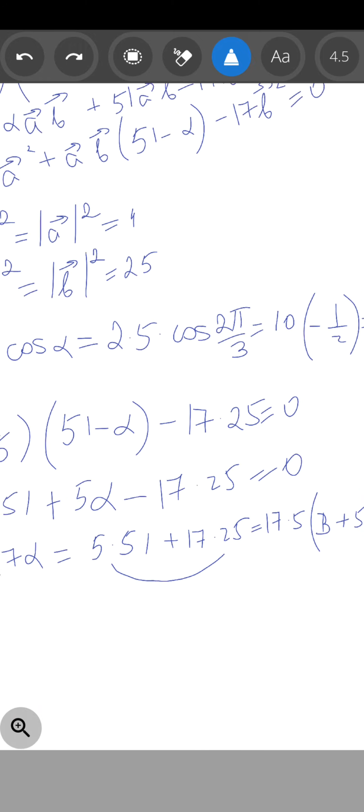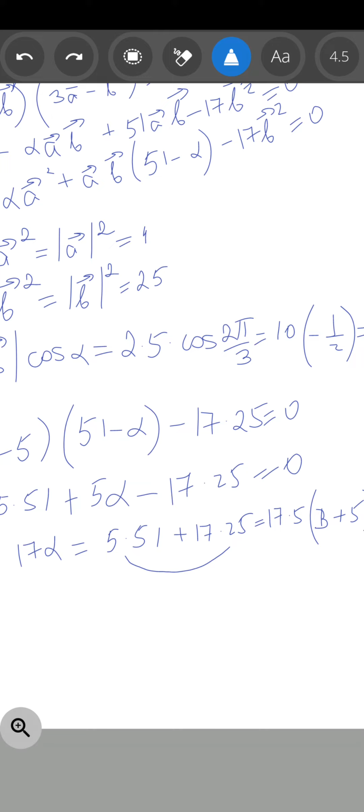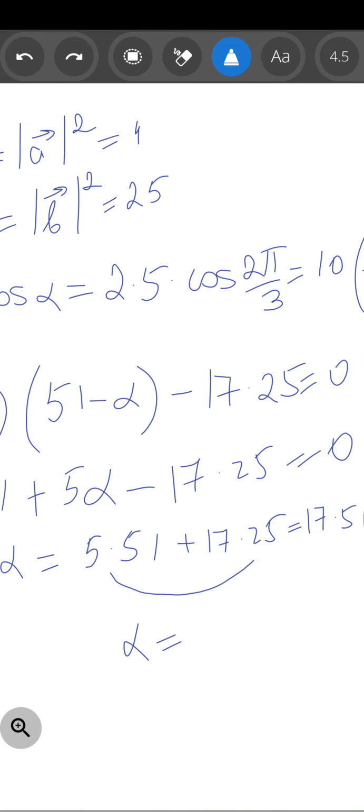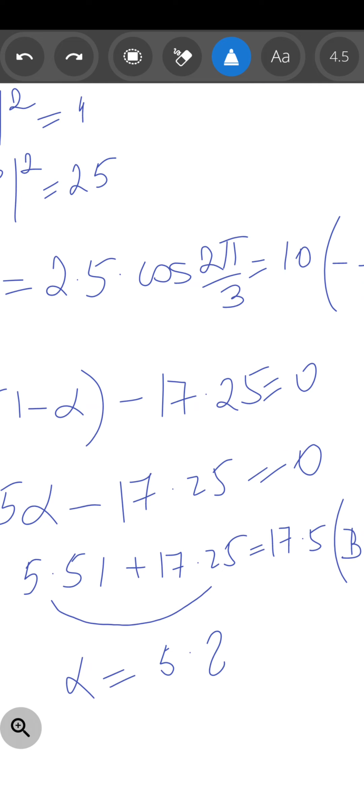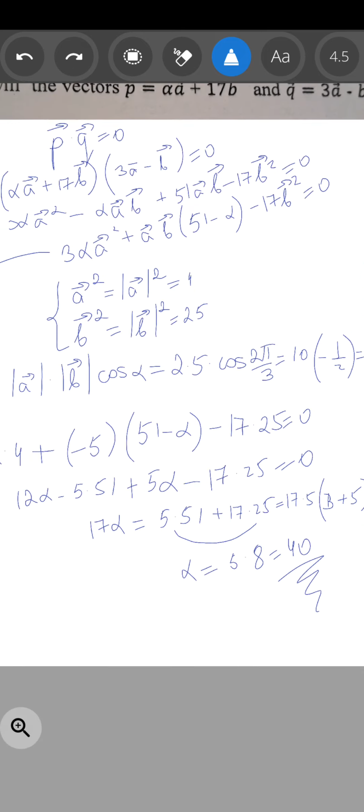If we divide both sides of this equation by 17, we obtain that alpha equals 5 times 8, and it will be equal to 40. So this is our answer.